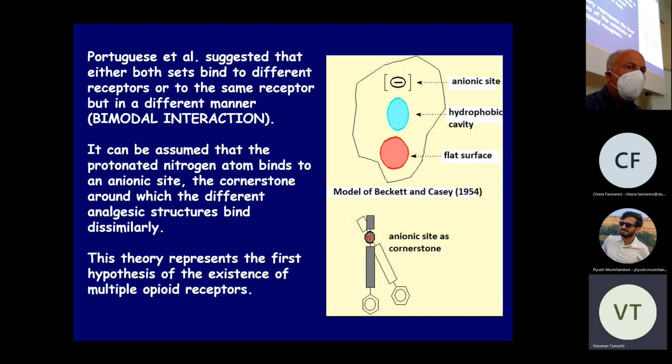The first position is reserved to morphine, morphinans, and benzomorphinans. And the second position is reserved to 4-phenylpiperidine. Because in the 4-phenylpiperidine, the phenyl ring is in equatorial and no more in axial position.